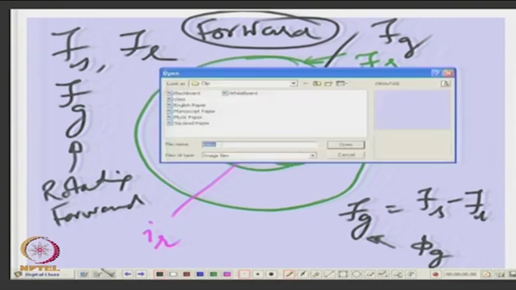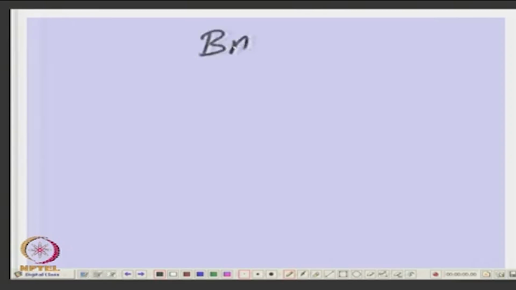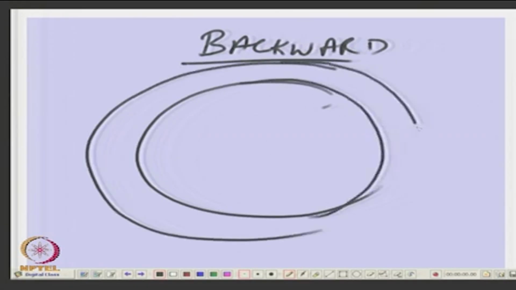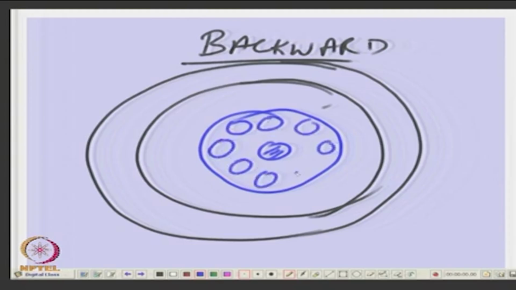Okay. And then we said that if you go to the backward, take the same type of machine with the same squirrel cage bars.